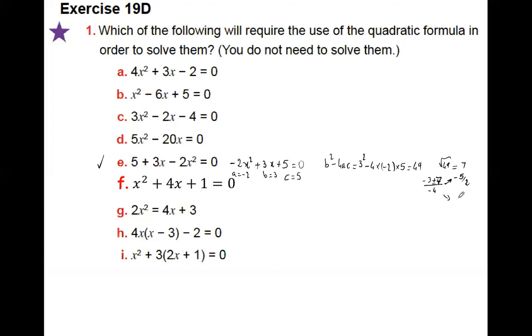So 4 divided by minus 4 is just minus 1. So we could have solved this without using a calculator here, because root 49 is 7.